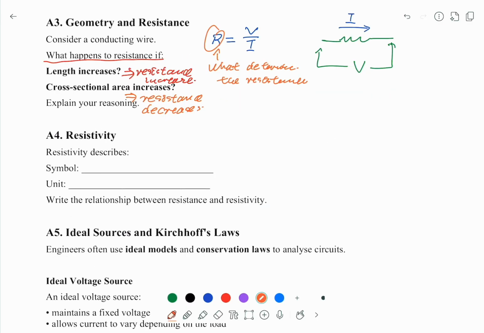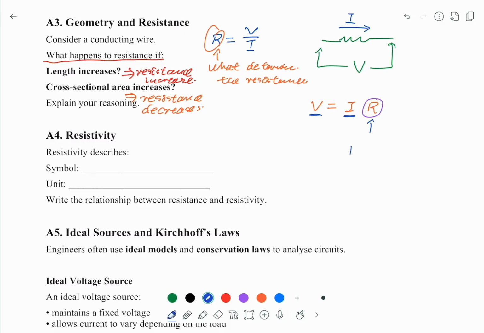So Ohm's law says that V equal to IR. It means once the resistance is determined, V and I are proportional to each other. So the question is, what determines R?